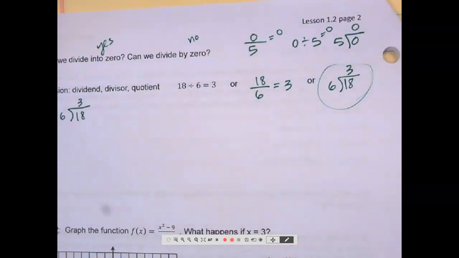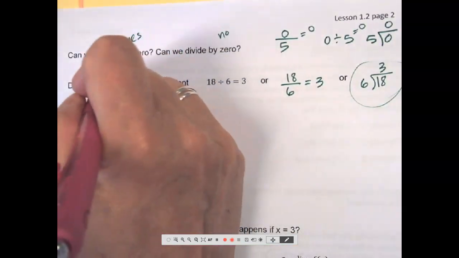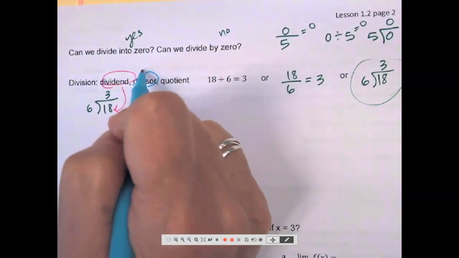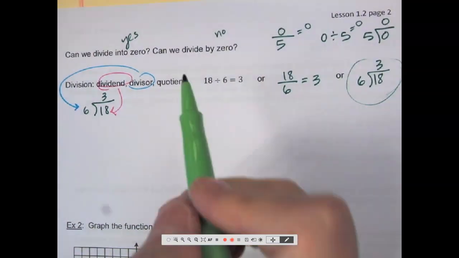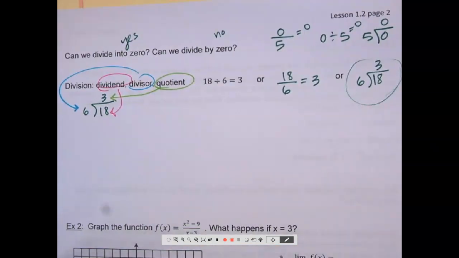Which one of those is the dividend? 18. 18 is the dividend. Which one is the divisor? The 6. This is the divisor. And of course, then what is the quotient? Kind of what we would call the answer, right? And then sometimes you have a remainder.